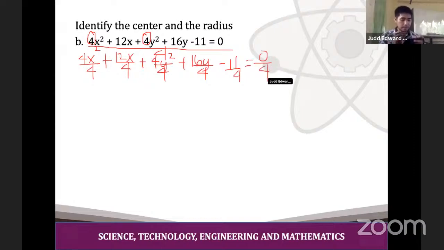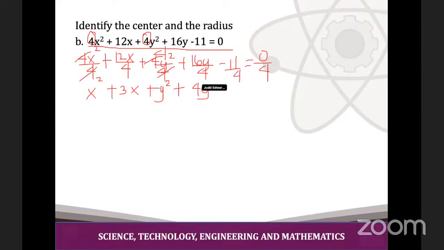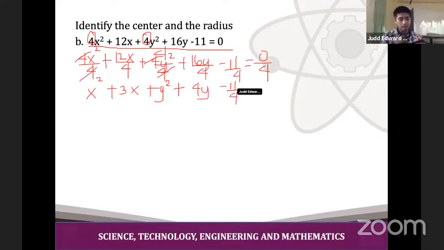Maliwanag ba? Let us now try to simplify. 4x squared over 4, we will cancel out 4. At ang matitira si x squared. 12x divided by 4, therefore, that is 3x. Tama? 4y squared divided by 4, ang matitira si y squared. 16y divided by 4, therefore, we'll be having 4y. And negative 11 over 4 is just negative 11 over 4.